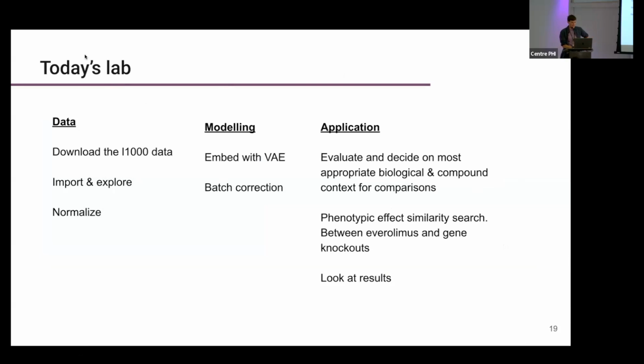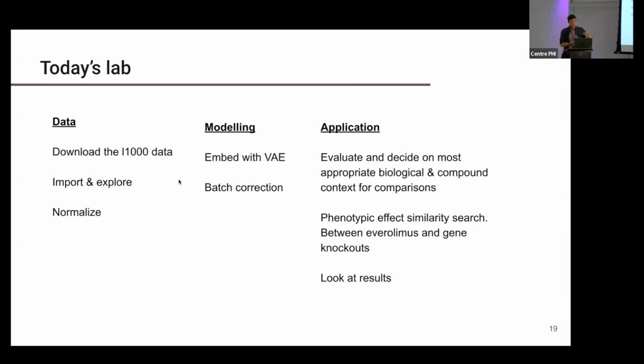Diving into the details. Right after the break, we are going to download the L1000 data. Also, I forgot to say, we're taking level 2. It's smaller and reduces how much time we need for downloading, and it also gives us just landmark genes, which reduces how much time we need for everything.